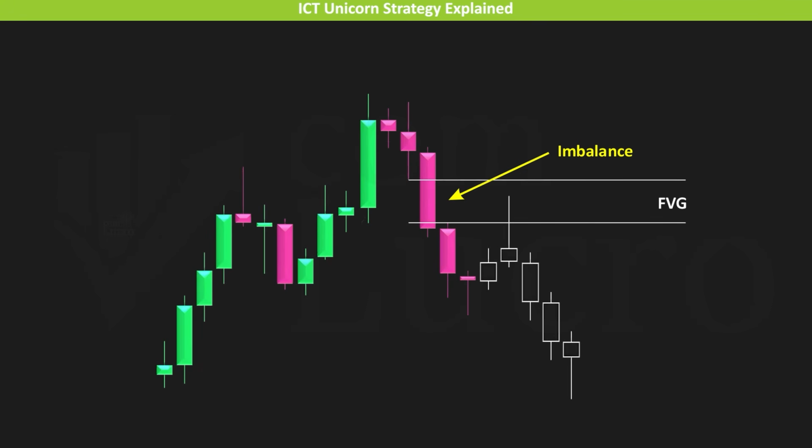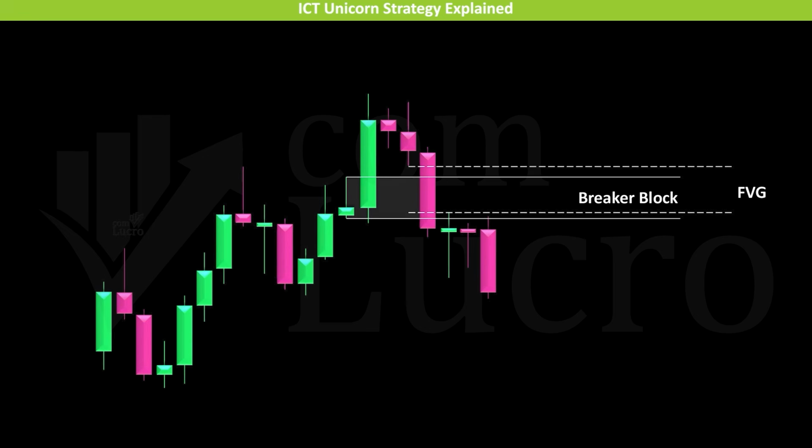That is when we often see price reject from the fair value gap and continue moving with strength in the same direction. It is important to keep one thing in mind. Fair value gaps must be unmitigated to remain valid. When a breaker block overlaps with an unmitigated fair value gap, this alignment creates a high-quality trading zone.